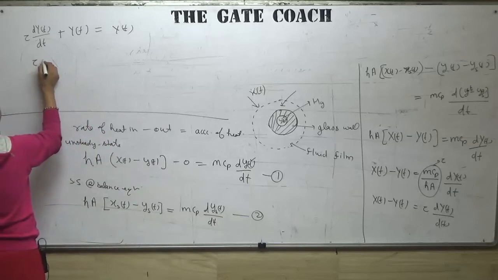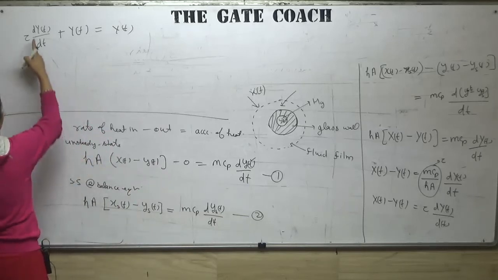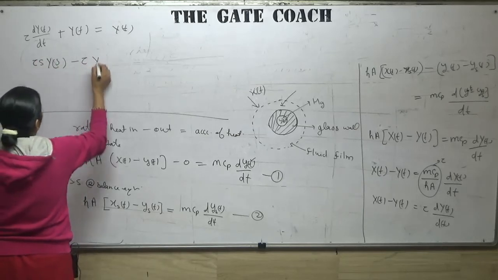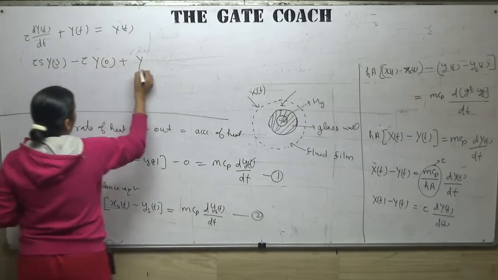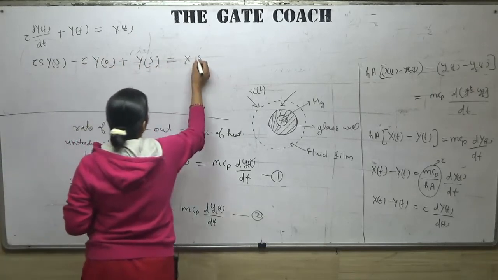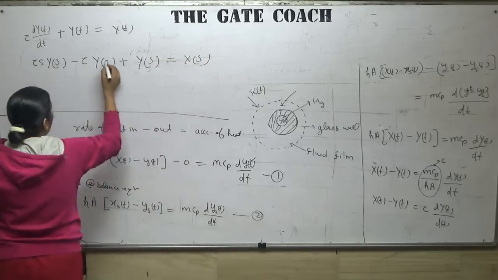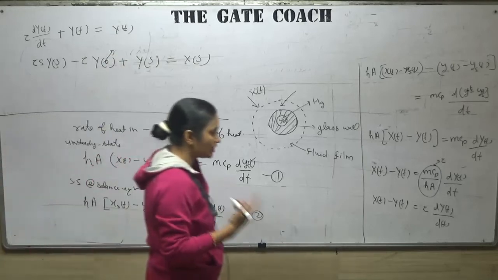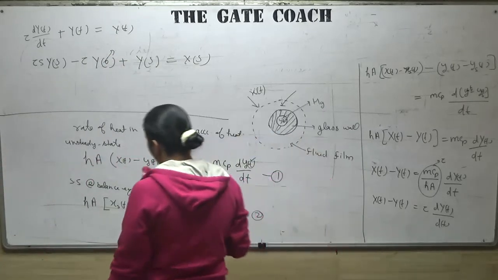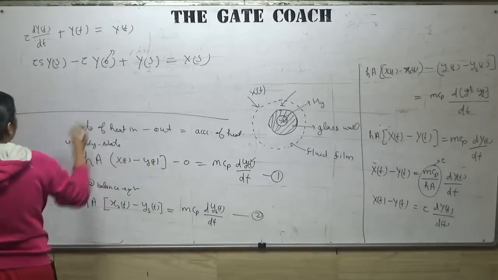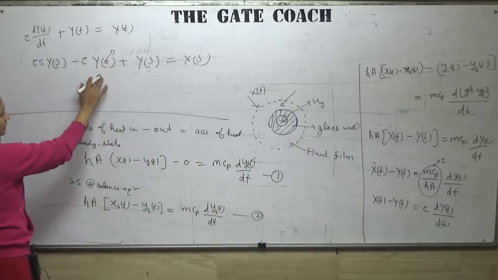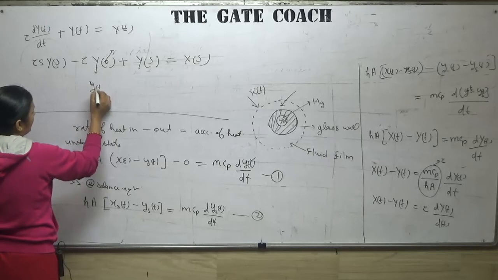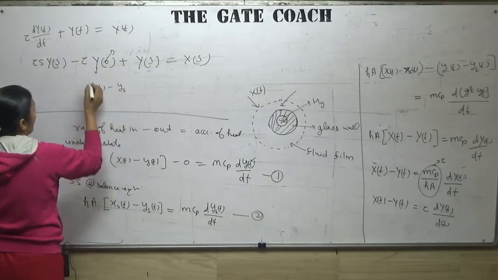This will come like tau. The Laplace of differentiation is tau times sY(s) minus y(0), plus Y(s) is equal to X(s). Y(0), what does it indicate? Y(0) means at time t equals 0, and we know that at steady state condition the deviation variable will be 0, because y is nothing but y(t) minus y_s.